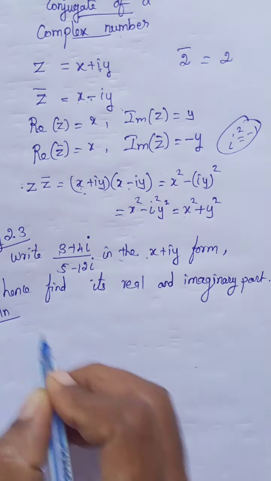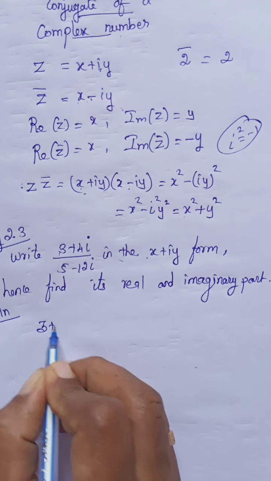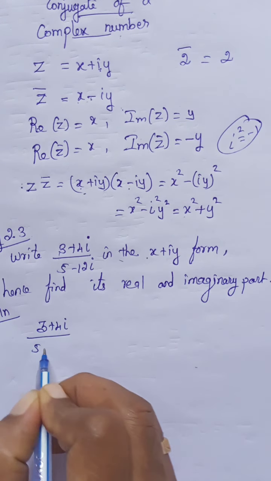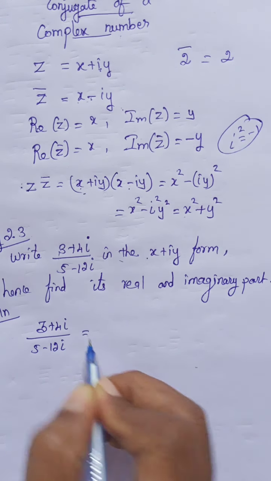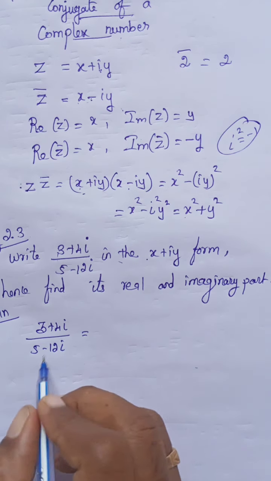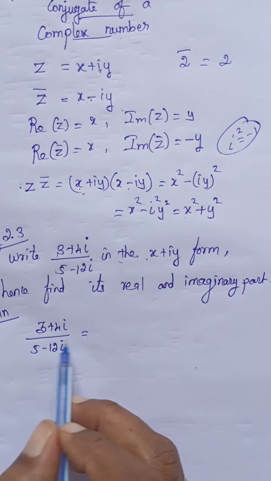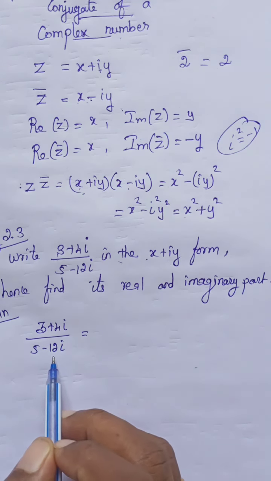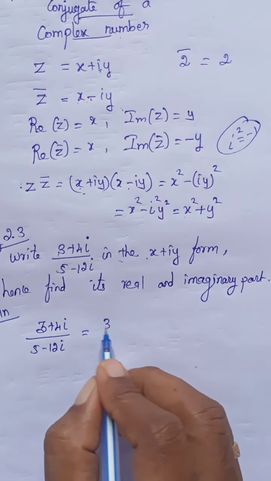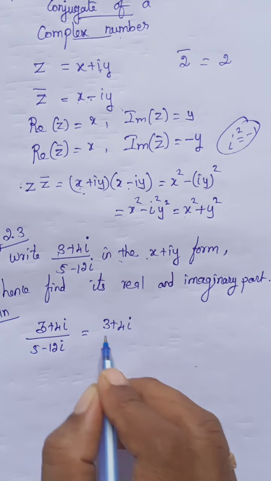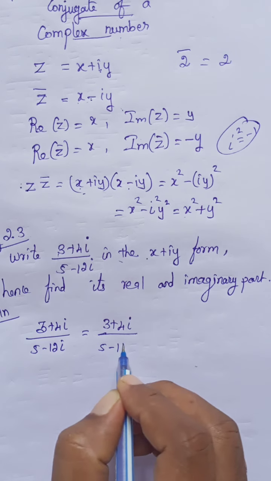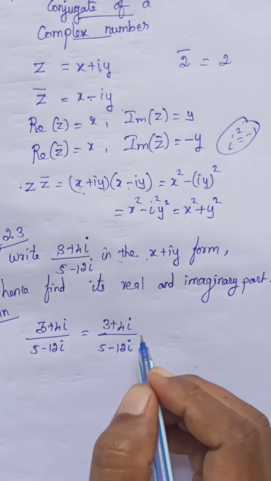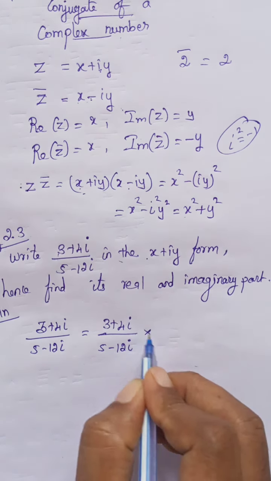It's a simple solution. So 3 plus 4i by 5 minus 12i is equal to, rationalizing the denominator. The same way here also, in the denominator a complex number is there, that we have to remove. In order to remove that, we have to take the conjugate and multiply both numerator and denominator.